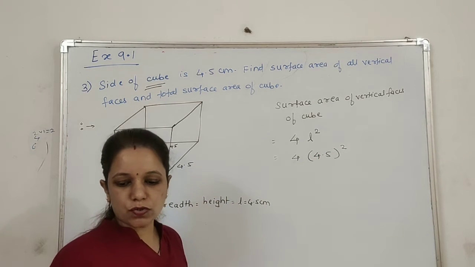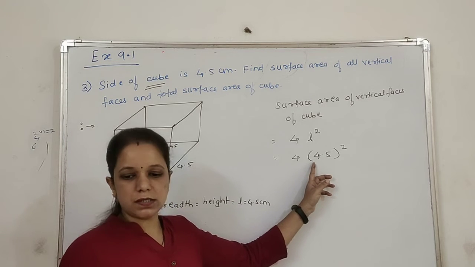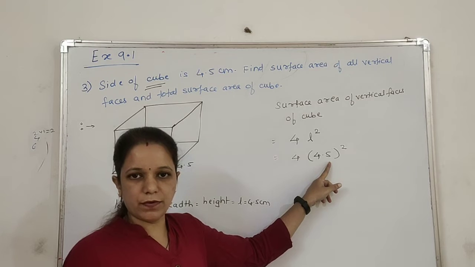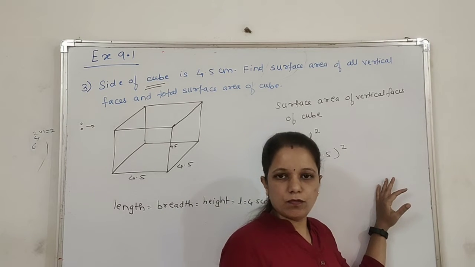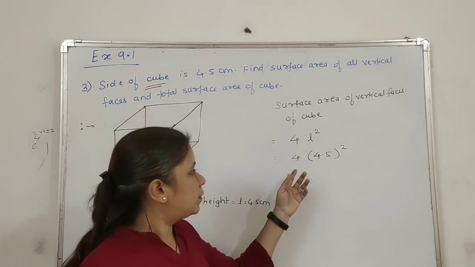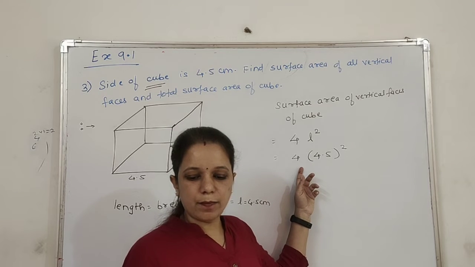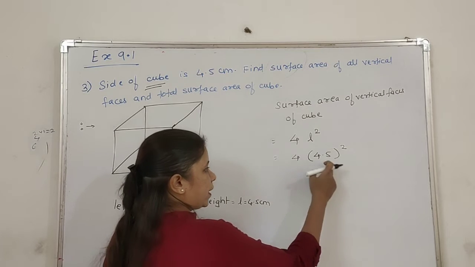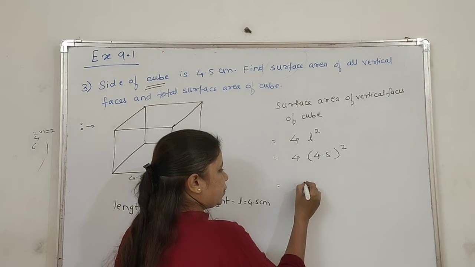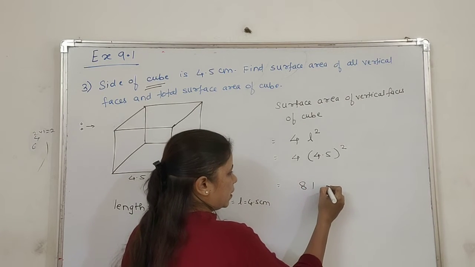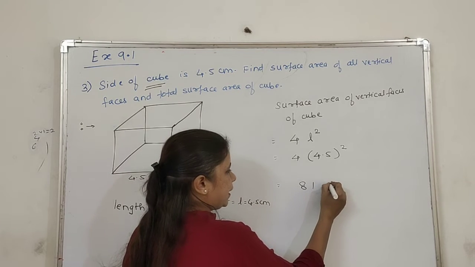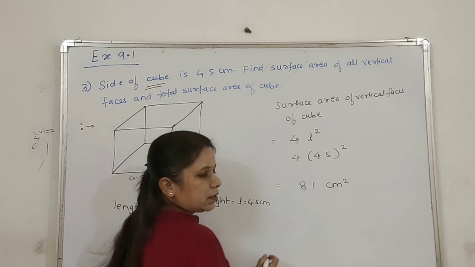So how are we going to solve it? First, we will take 4.5 square. We will calculate it in rough part. 4.5 square. Then we will multiply it by 4. So 4.5 square into 4 will give you 81. Now the unit, it is centimeter, so the unit is 81 centimeter square.